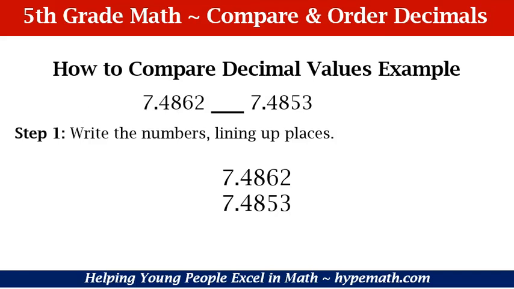What do we say in step 1? We need to write the numbers and line up the places. It is very, very important that when you are lining up the numbers, you make sure the decimal point is in the same place for all of the numbers, because a number that you think may be larger may not really be, because of the placing.